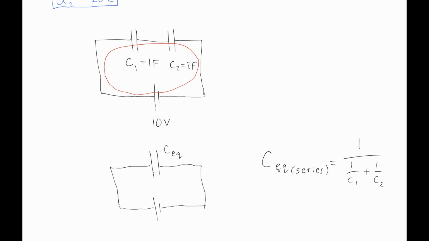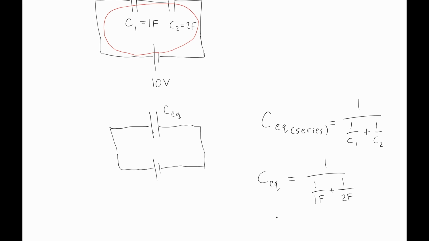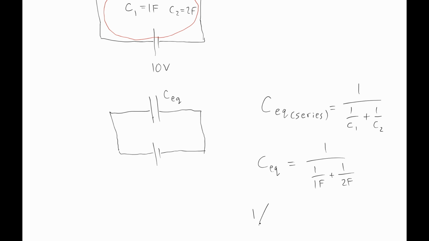So let's find our CEQ for this situation. It's going to be 1 over 1 plus 1 over 2. And then when you enter that into a calculator, I get 2/3.